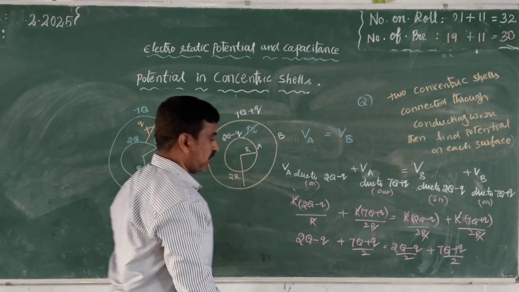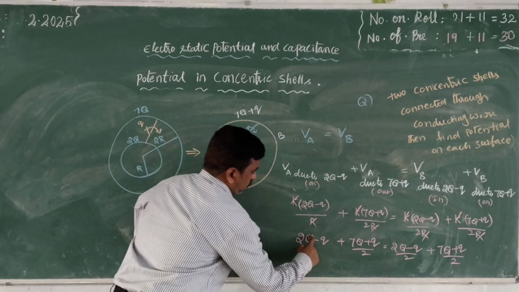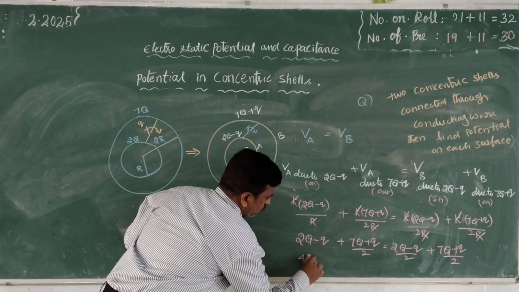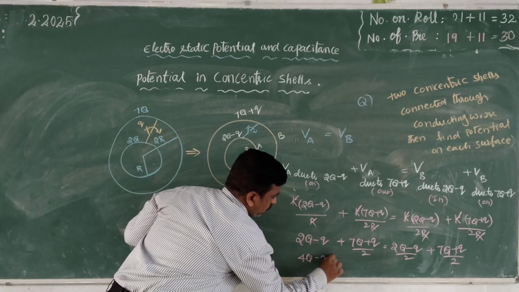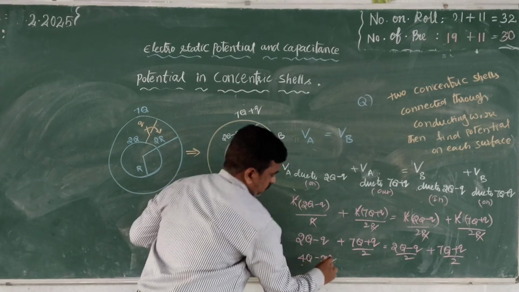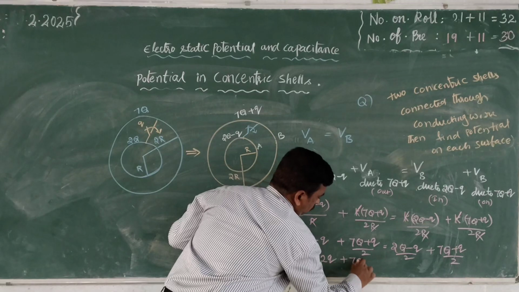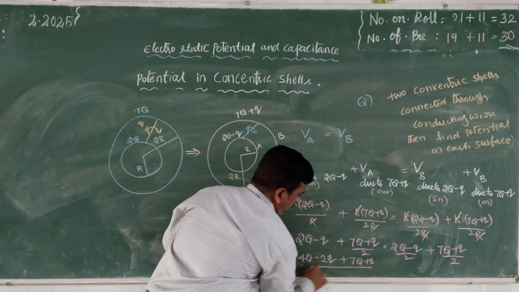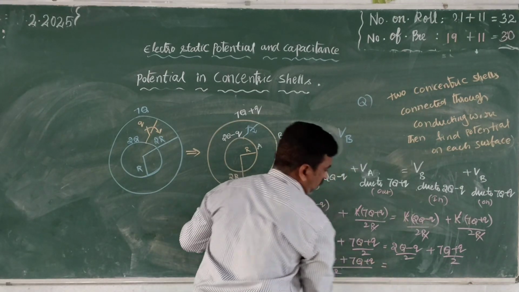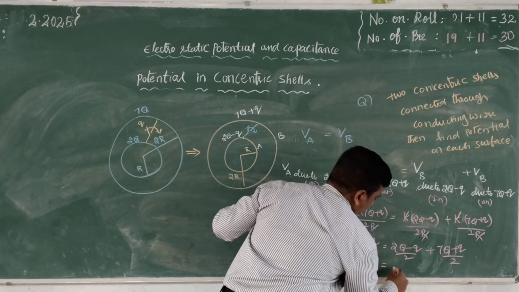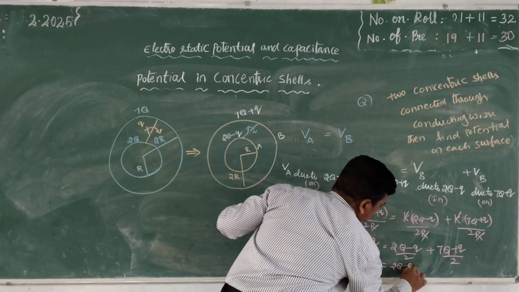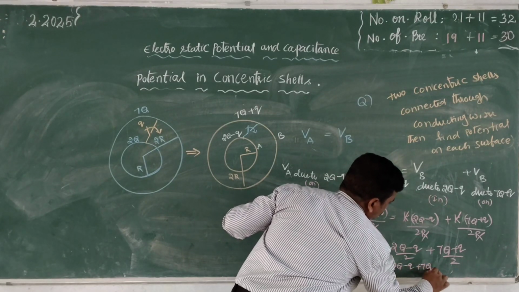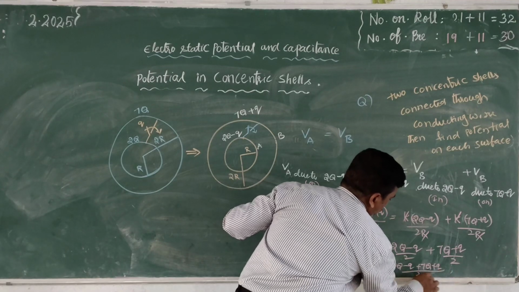Taking the LCM, 2 into 2, 4q − 2q, by 2, plus (7q + q) by 2, equal to, with the denominator the same, just adding (2q − q) plus (7q + q) by 2.